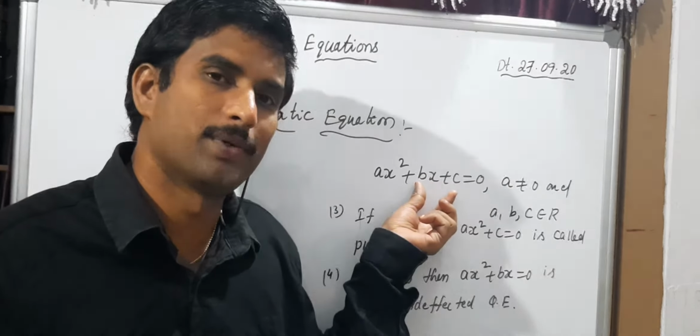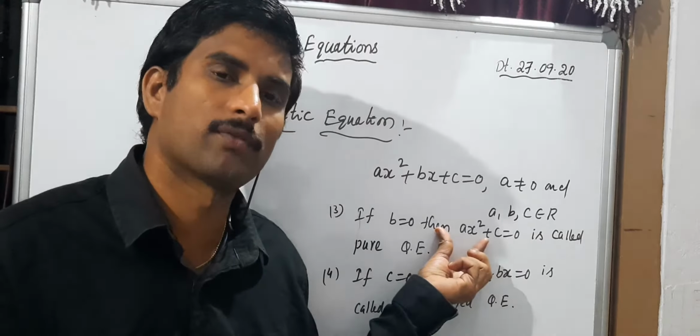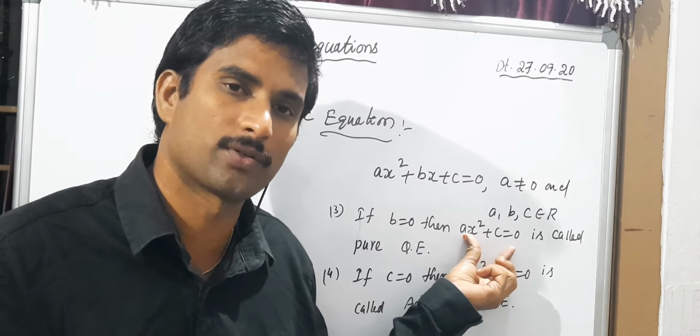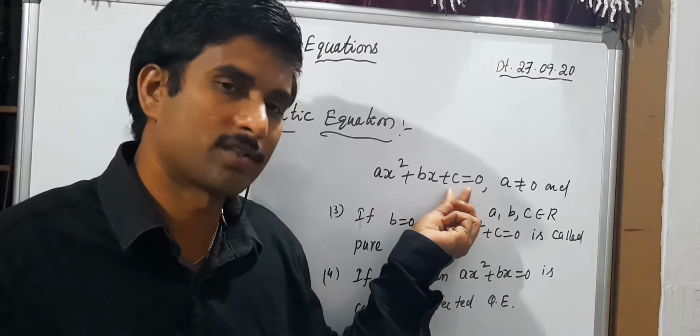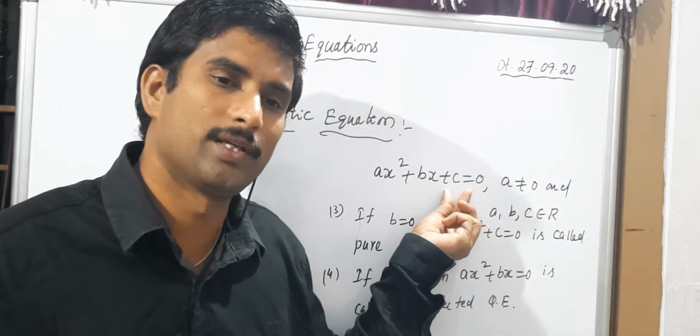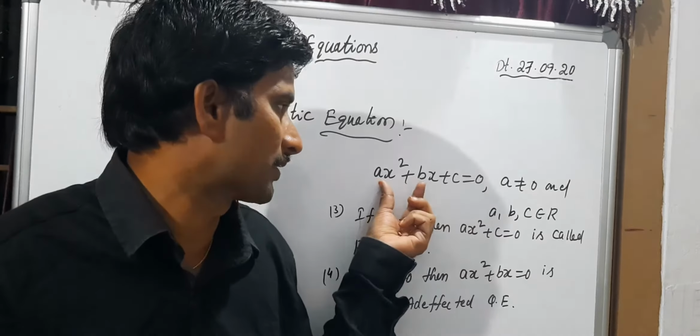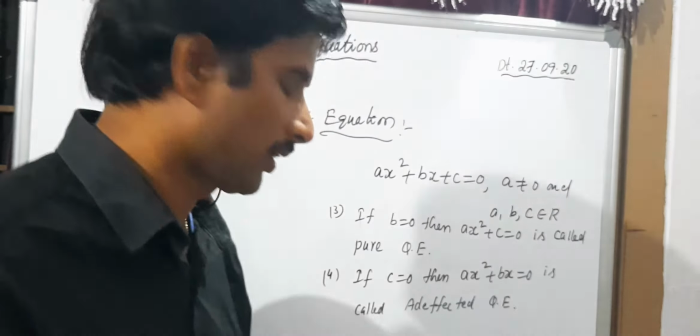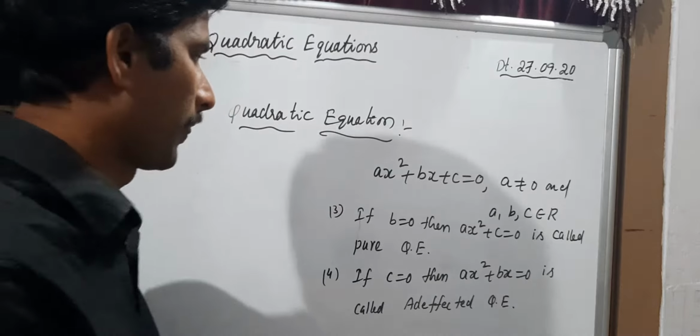If the x coefficient b equal to 0, then the equation of the form ax square plus c equal to 0 is called a pure quadratic equation. If the constant value c equal to 0, then the equation of the form ax square plus bx equal to 0 is called an affected equation.